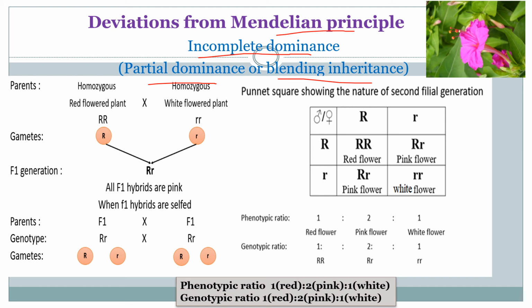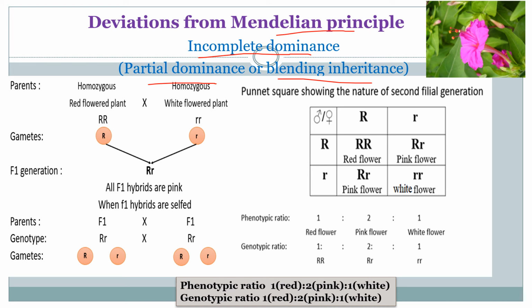Incomplete dominance says that when the two heterozygous alleles are together, one of the dominant allele failed to express. As a result, both the alleles together express an intermediate character. Let me explain you.